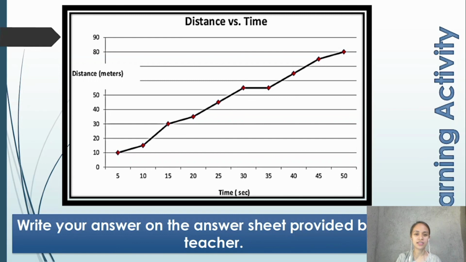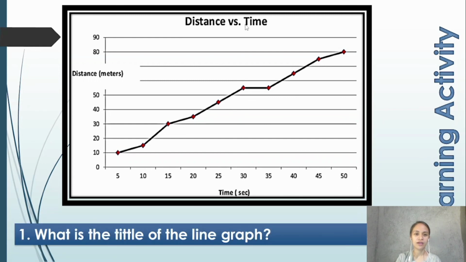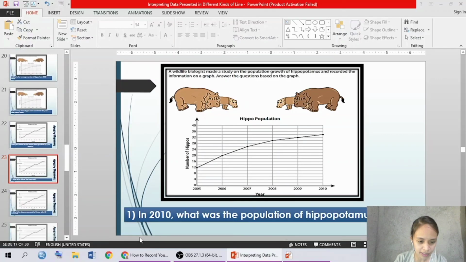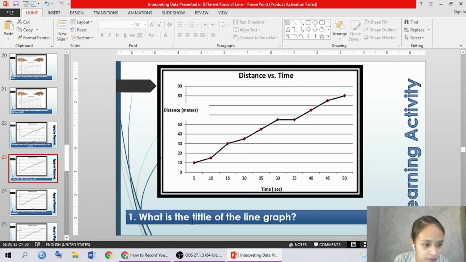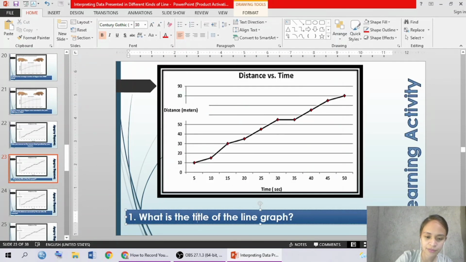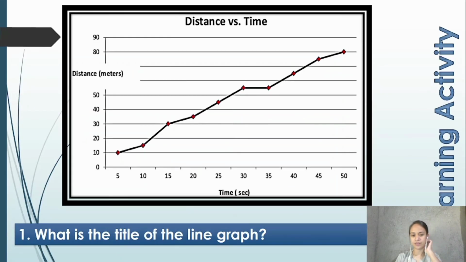So, this is the line graph, Distance versus time. Number 1. What is the title of the line graph? Write your answer on the worksheet.